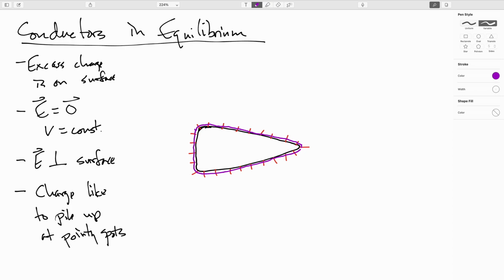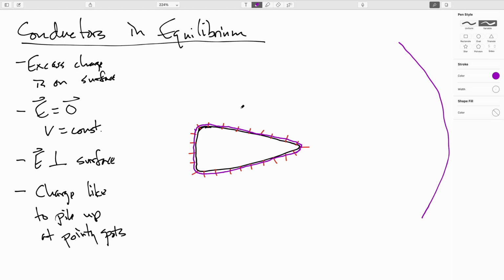Okay, so out there, it would have to look spherical when you get far away. The reason for this is that if you're far enough away, this conductor will look like a point charge.